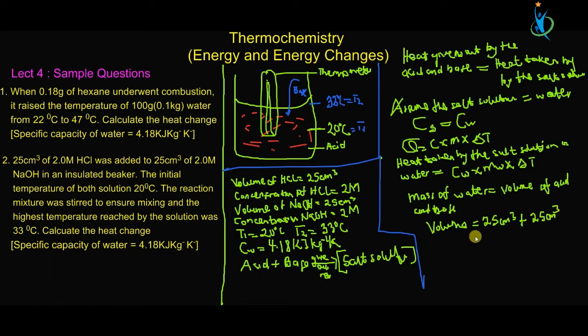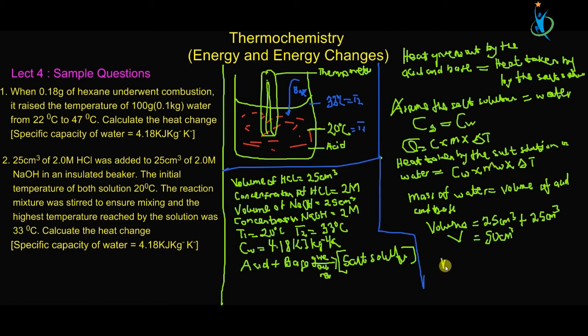So we are going to get a total volume of about 50 cm3 of water. Have you got that? Why are we calculating the volume of water? Because we want to know the mass of the water.